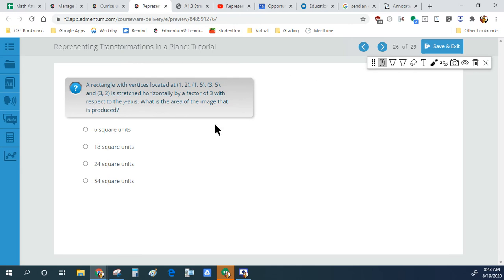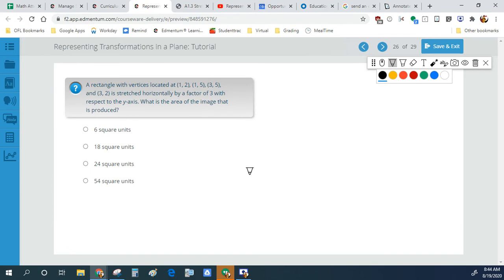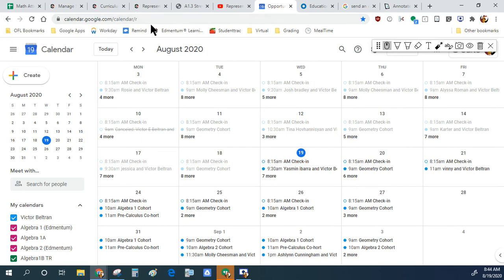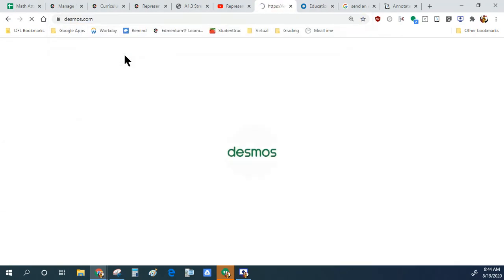Okay, so unfortunately, this one is a tough one, guys. So I recommend using something like GeoGebra to keep track of it. You can go to geogebra.com, or you can even just Google a random sheet. What I'm going to do is use a website called Desmos.